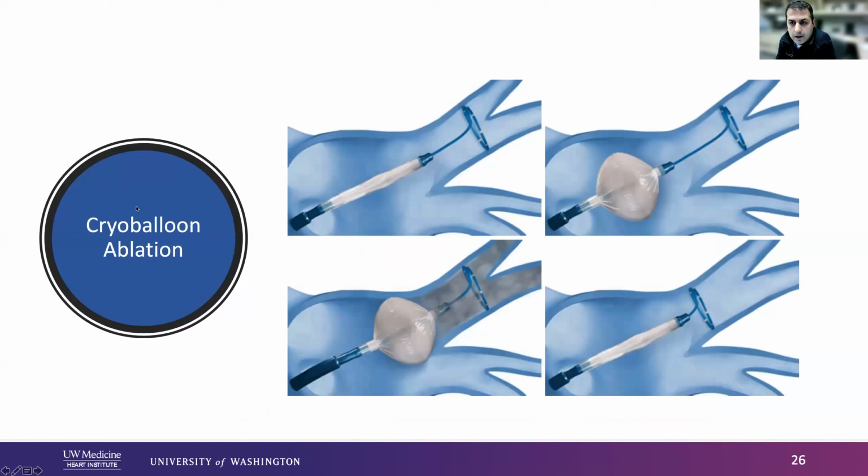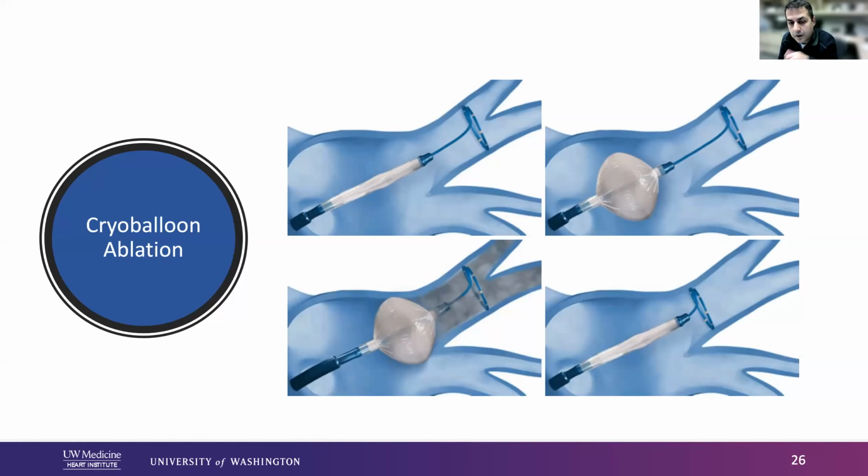So that's the radiofrequency ablation approach. The other one is freezing, and this is called cryoballoon ablation. That too requires the catheter to get across the septum over to the left atrium, so another puncture here. But once the catheter is across, we can inflate a balloon, and that balloon is then advanced to the area that we want to freeze.